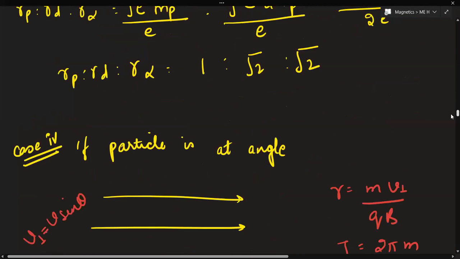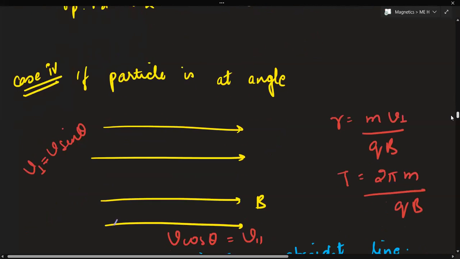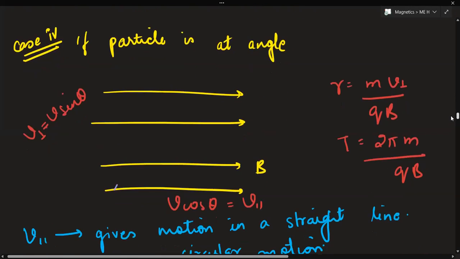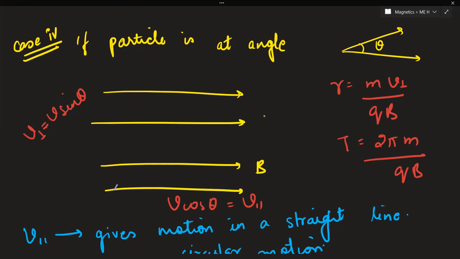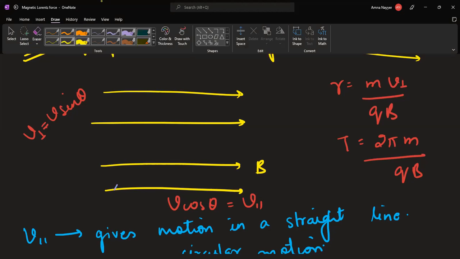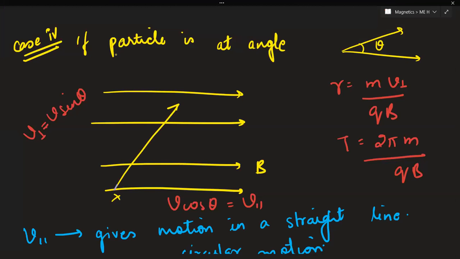I think I have given you these questions in the assignments also. Just check it once. Now, 0 degree we have seen, 180 degree we have seen. Now, if the particle is at a random angle, let's say the charge is making a random angle over here.